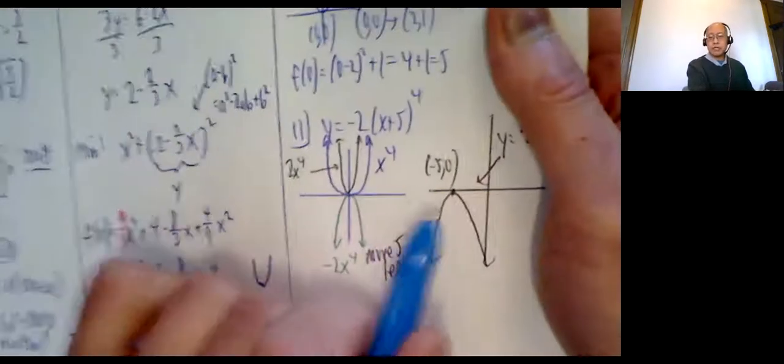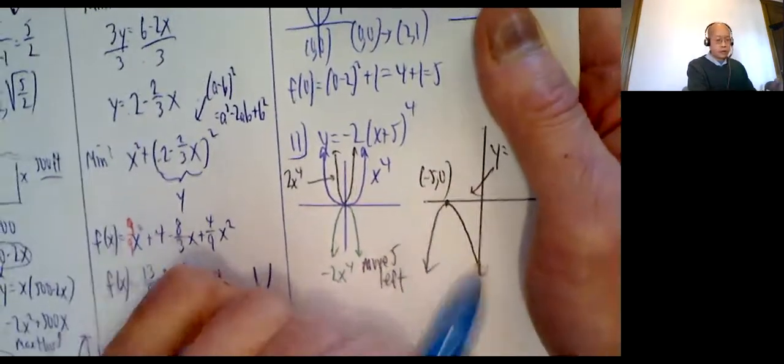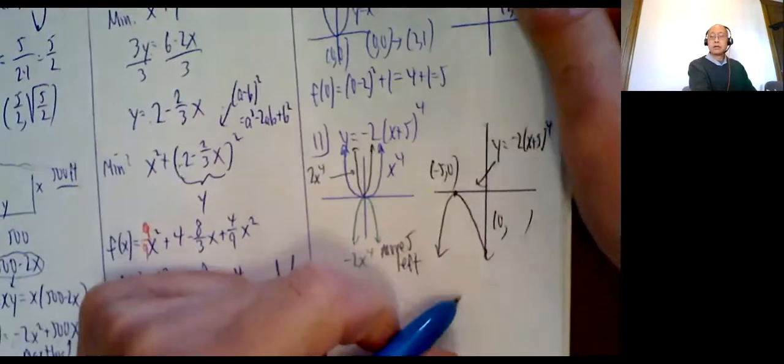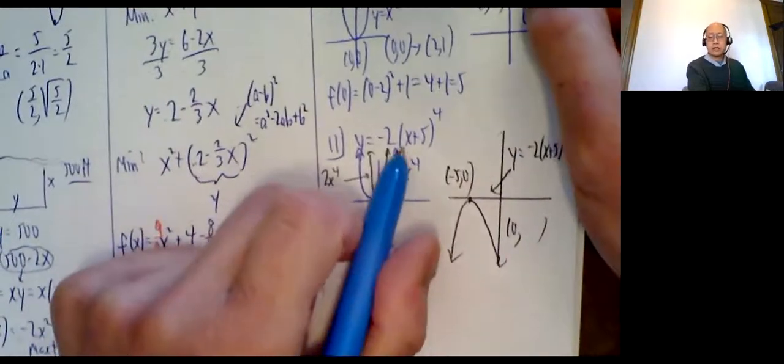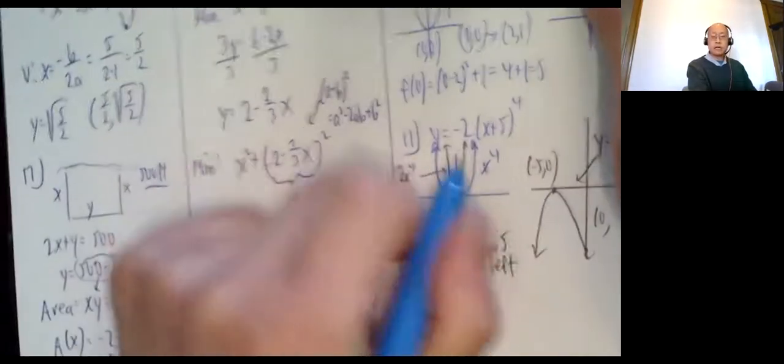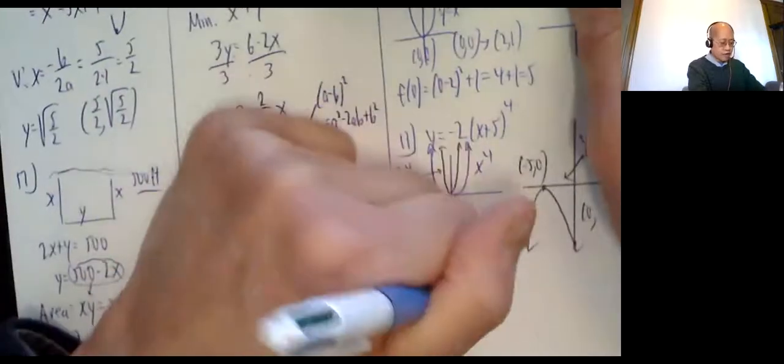All right, it asks for the intercepts. Well, here's an intercept already, -5, 0. And there's one over here, which is 0, comma something. So what is the something? I plug in 0. So f of 0 is -2 times 0 plus 5, which is 5 to the 4th power.